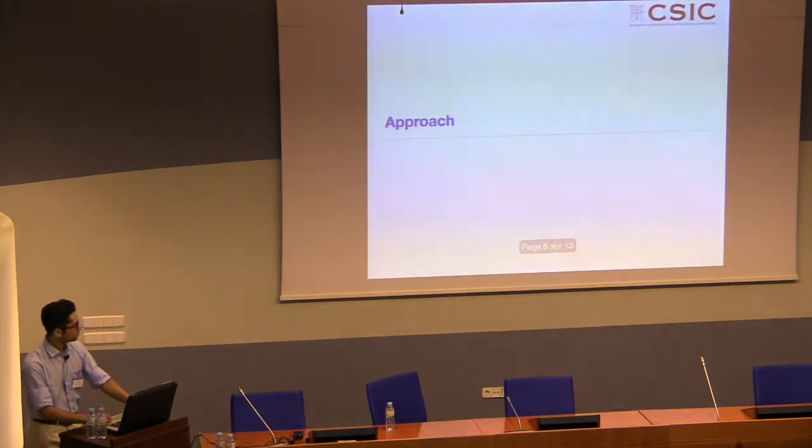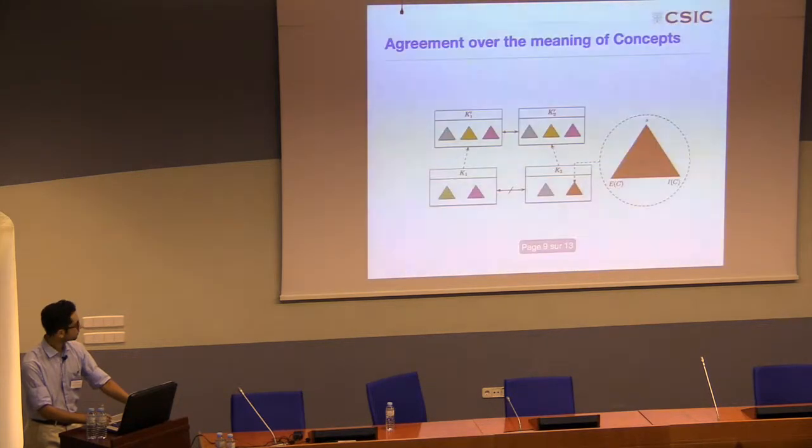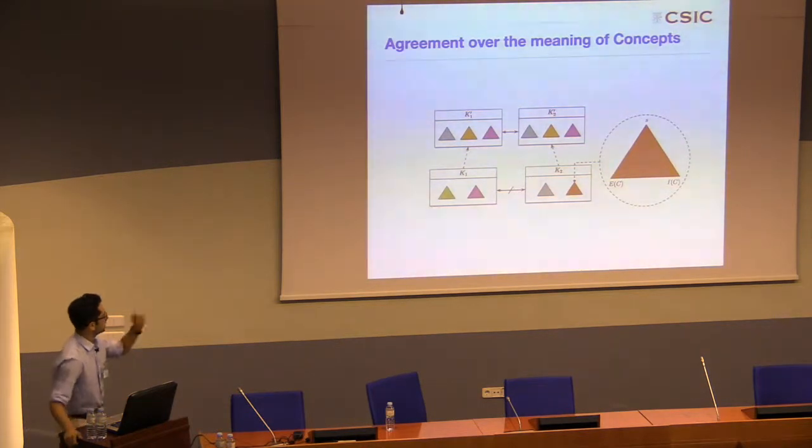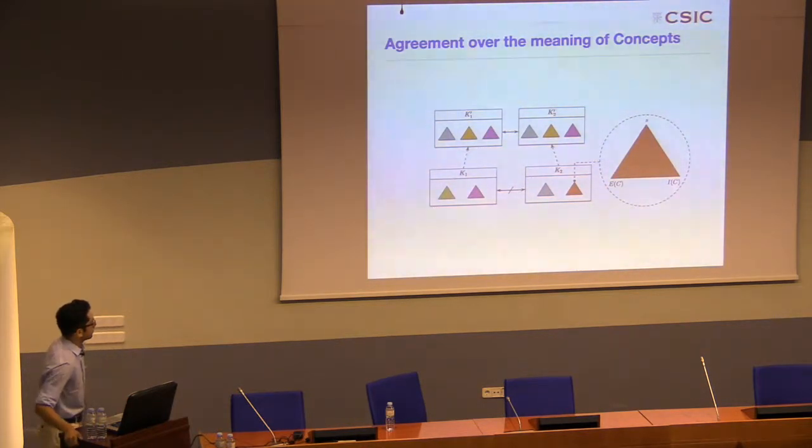What is our approach to solve this problem? Well, if we represent a concept as the semiotic triangle, we have the concept red and cyan in the concept K2 and the magenta in the concept K1.